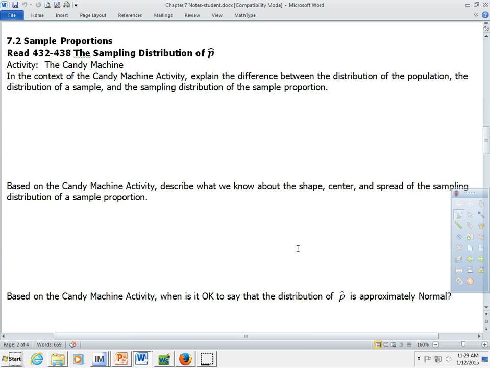Shape, center, and spread. Shape will help us, you'll see in a minute, do a lot of calculations. Center is where we determine how much bias is involved. Is the center of our sampling distribution pretty close or equal to the parameter that we're trying to estimate or emulate?